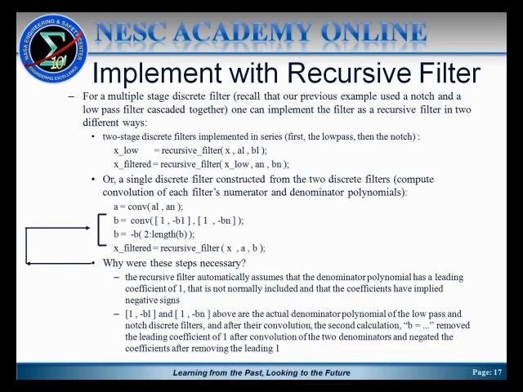But if you were given separate filters, here's an example of how you would build a multi-stage filter from individual filter elements. First, we'll take the low-pass filter numerator AL and the notch filter numerator AN. We will convolve those using the built-in MATLAB convolution function conv, and the output of that step will be called A. So A now represents the numerator polynomial of the combined notch low-pass filter.